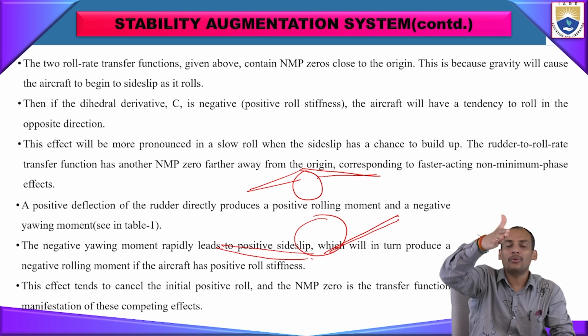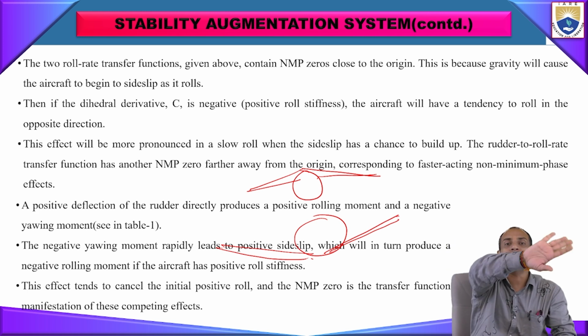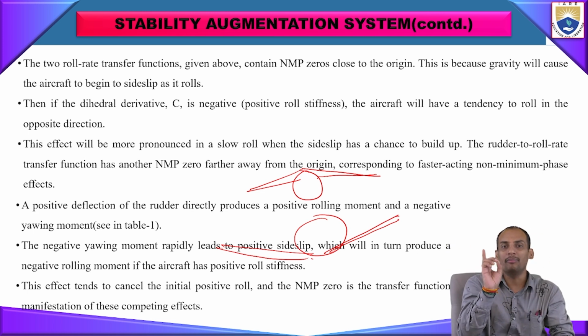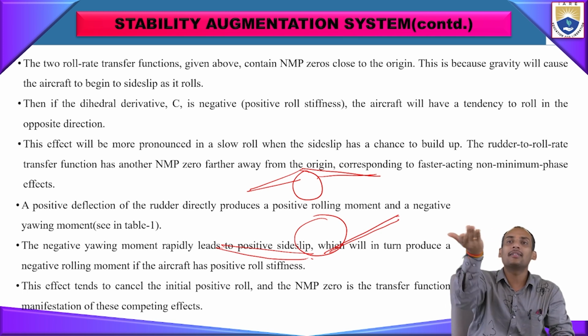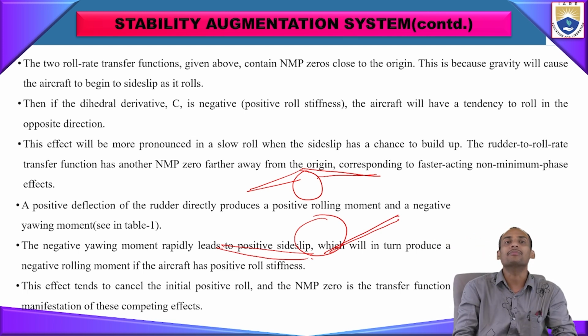And for the rolling moment, if it rolls to the right side it means positive, and if it rolls to the left side it means negative. If you remember it like that, then only you can understand what is positive and what is negative. So that effect tends to cancel the initial positive roll, and the non-minimum phase zero transfer function manufactures that complete effect.